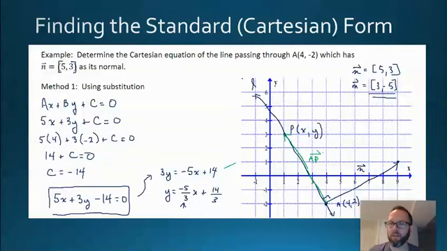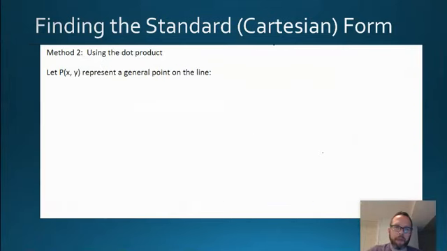So if P is just any point on the line, AP is fully contained in that line, right? And because AP is in the line and the normal is perpendicular to that line, AP and N, those two vectors are perpendicular. And what do we know about dot products of perpendicular vectors? We get 0.